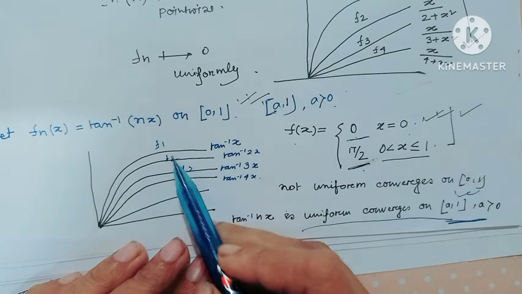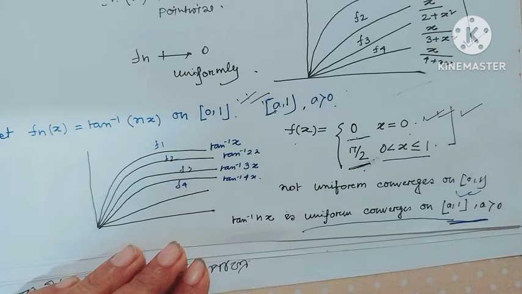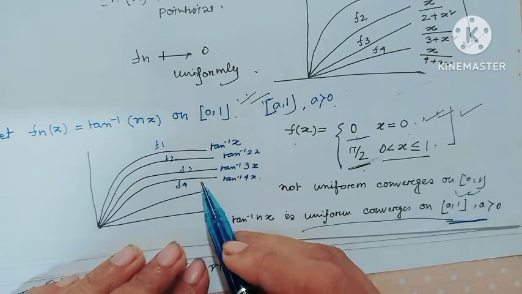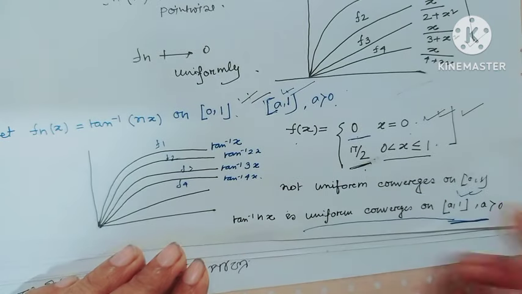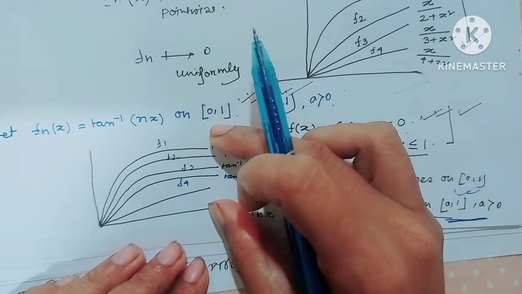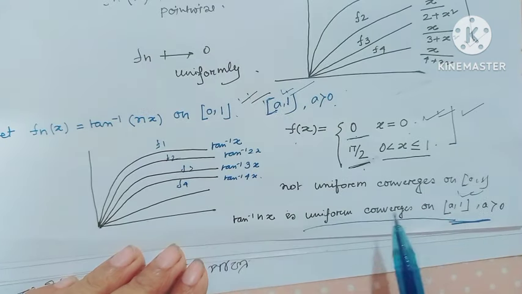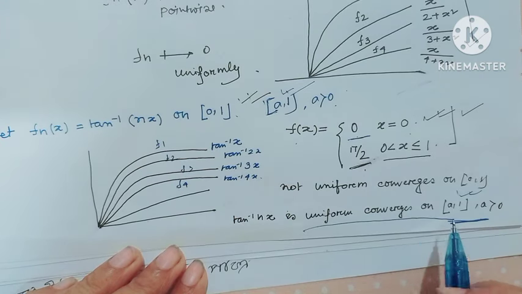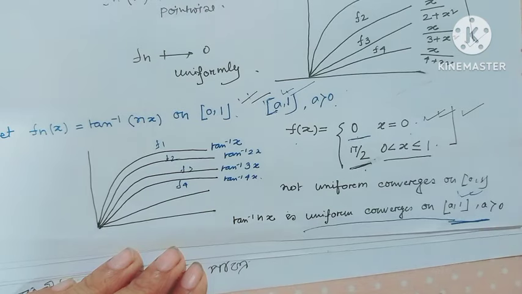And the sequence of functions is monotone. Since the domain is closed and bounded, hence compact, and every function is continuous, this sequence converges uniformly on the interval [a, 1] where a is greater than 0.